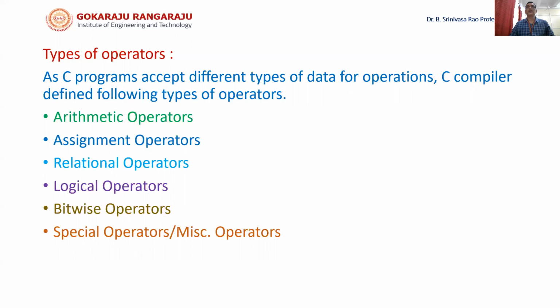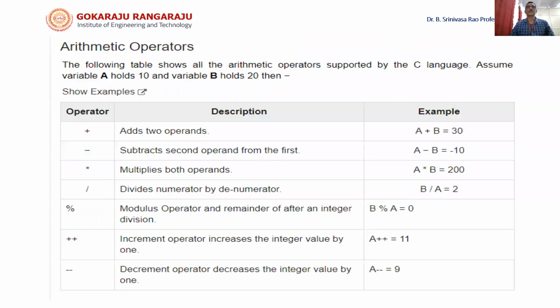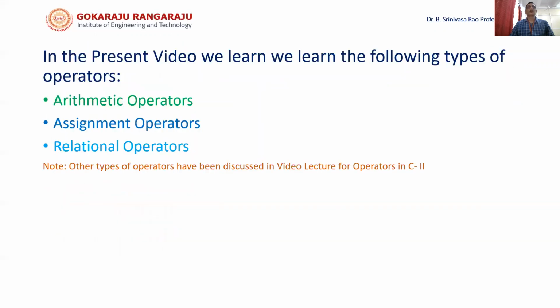In the present video lecture, we learn the first three types: arithmetic operators, assignment operators, and relational operators. The rest of the operators are covered in the next video lecture.